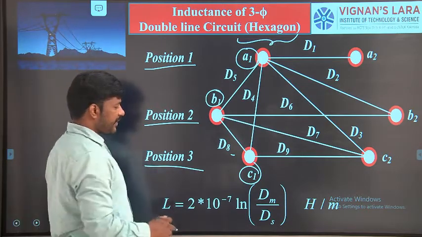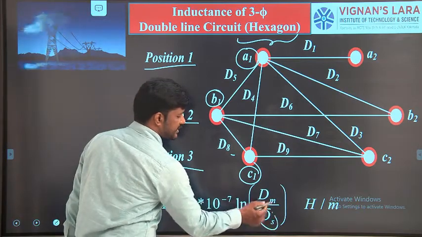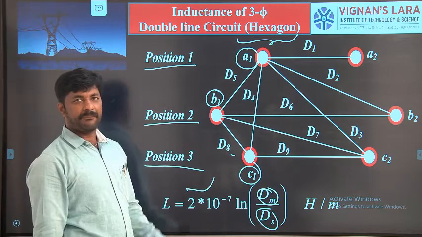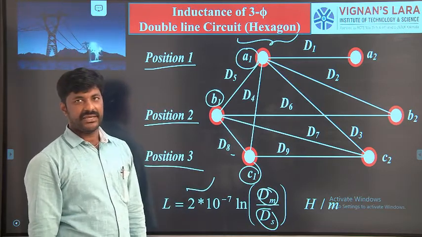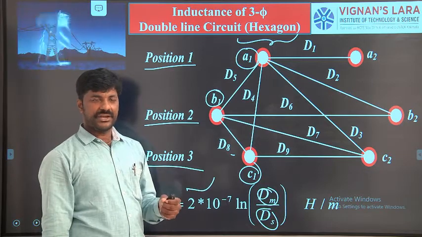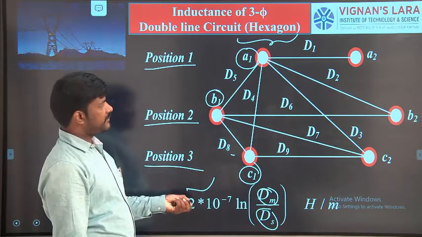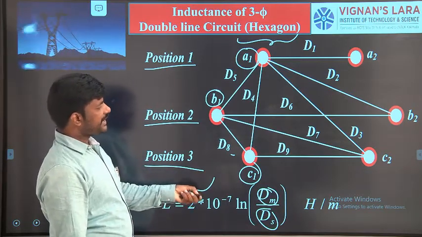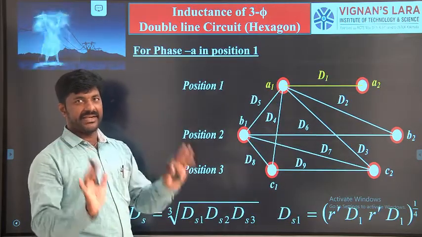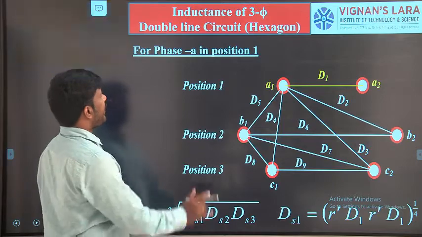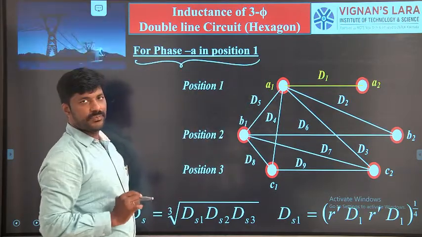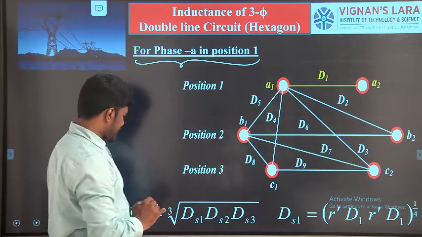Once self and mutual GMDs are obtained, use this formula and get the value of the inductance for that phase. So let me identify the self GMD and mutual GMD. For a clear understanding, I am showing you step by step with a single slide. Let me calculate for phase A, which is located at position 1. What is its self GMD?